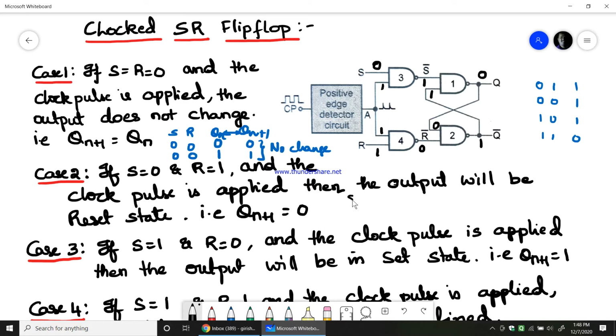So when S and R is 0 1, I assumed 0 in the beginning as the present state, and I got 0 in the next state also. Now I will assume this as 1.